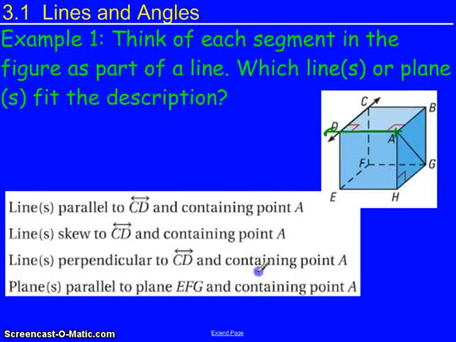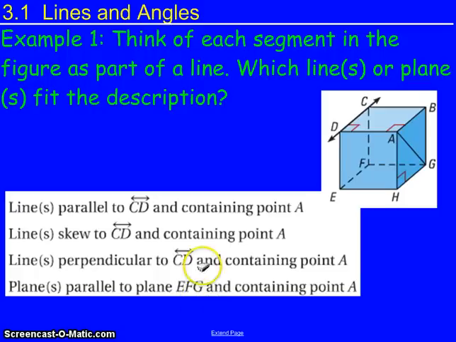So it looks like my line that would contain both of those would be line AD. And it looks like we got one left here. It says that we want planes parallel to plane EFG.